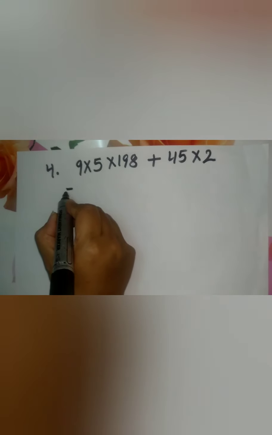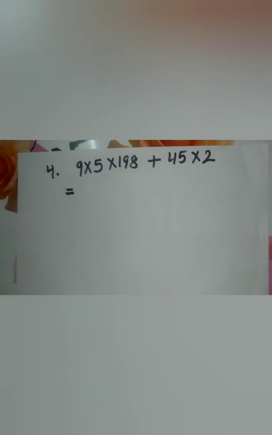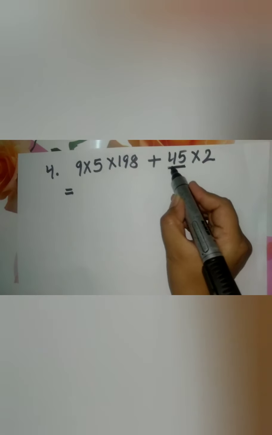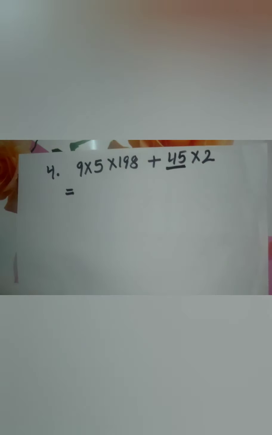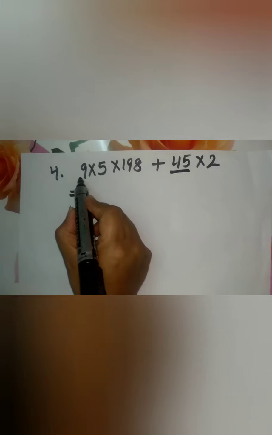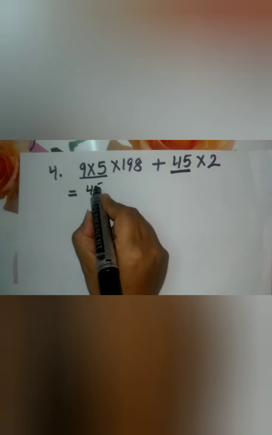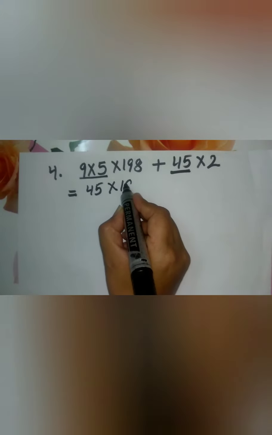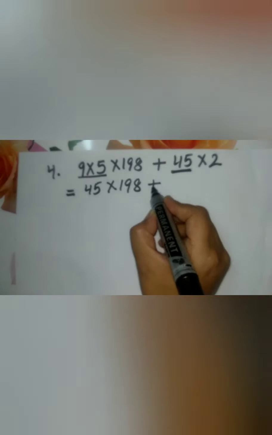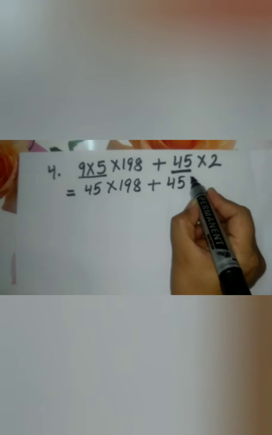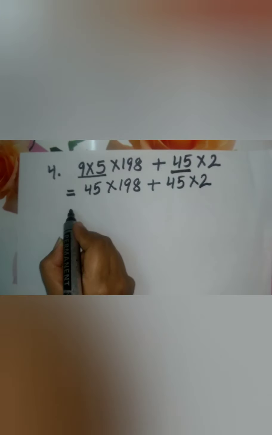So apply your mind after observing. You can see here it is 45. How can we make 45? 9 fives are 45. So we'll multiply these two numbers first. This can be written as 45 into 198 plus 45 into 2.